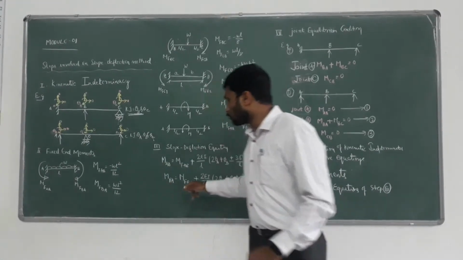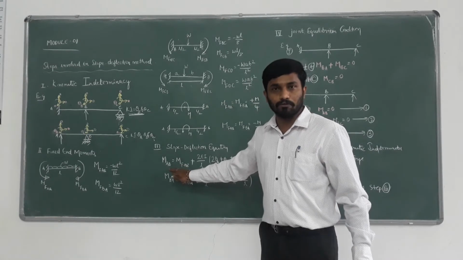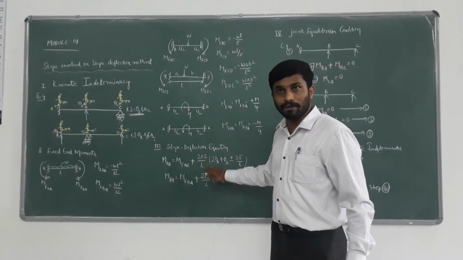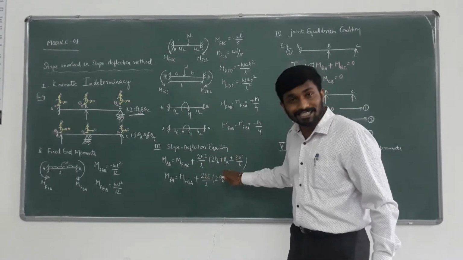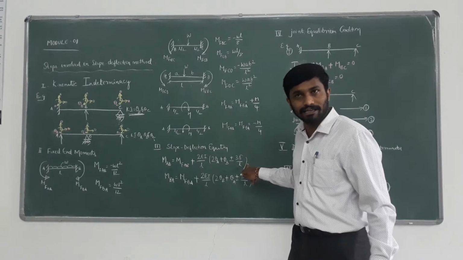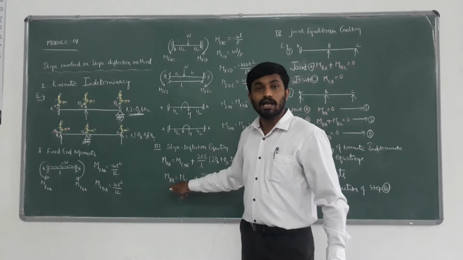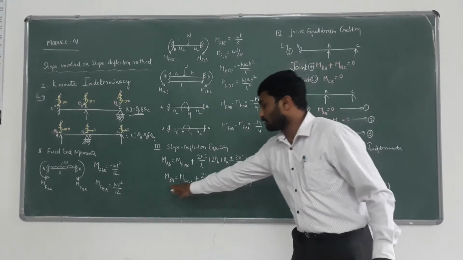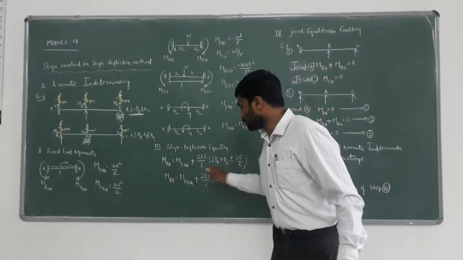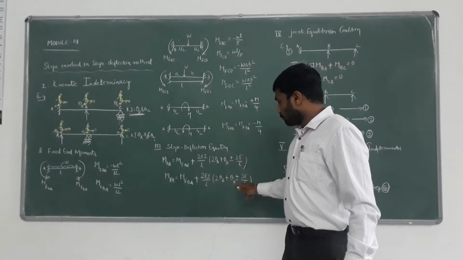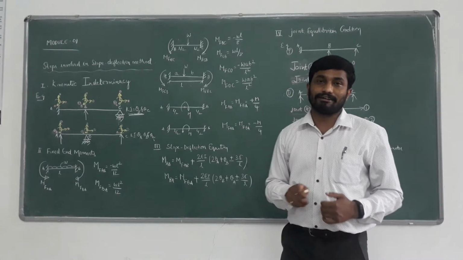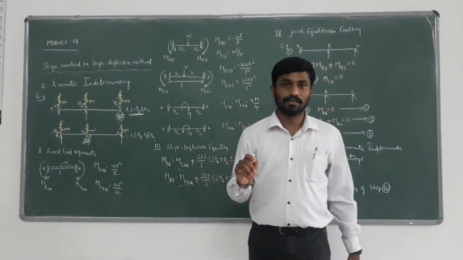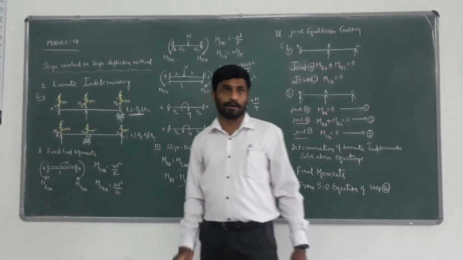Because if you observe the slope deflection equation, it is MAB equals MFAB plus 2EI by L into 2 theta A plus theta B plus or minus 3 delta by L. Similarly, MBA equals MFBA plus 2EI by L into 2 theta B plus theta A plus or minus 3 delta by L. See, for BA it is 2 theta B, for AB it is 2 theta A. Here we are having fixed end moments, therefore we are going to compute them.